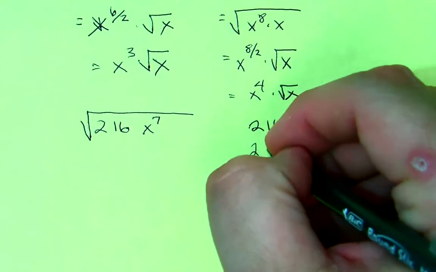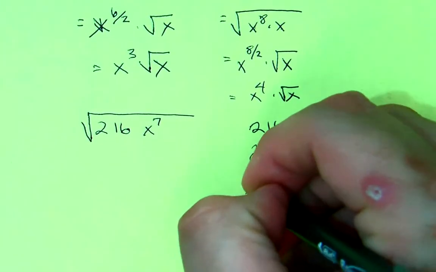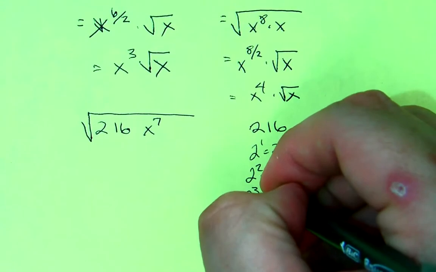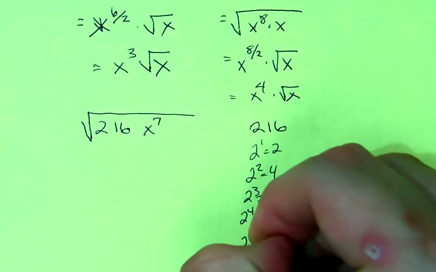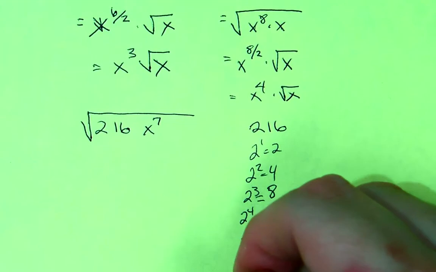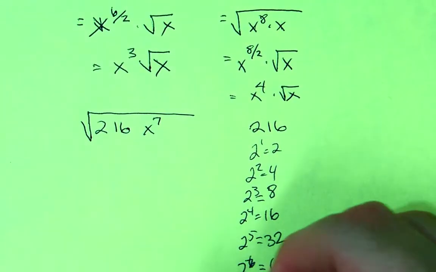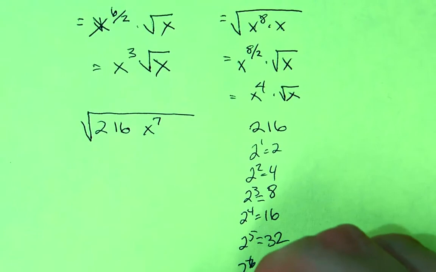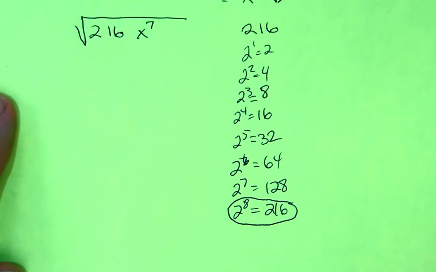Because I know 2 to the 1st is 2, 2 squared is 4, 2 cubed is 8, 2 to the 4th is 16, 2 to the 5th is 32, 2 to the 6th is 64, 2 to the 7th is 128, 2 to the 8th power is 256. I would get to know 2 to the 8th power.